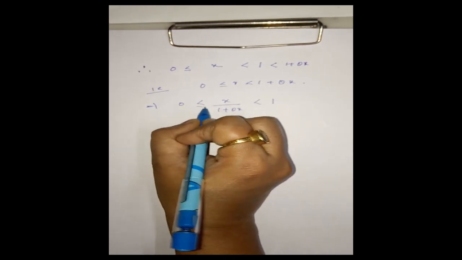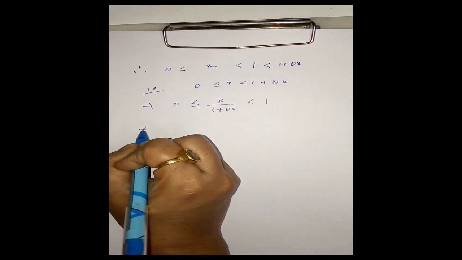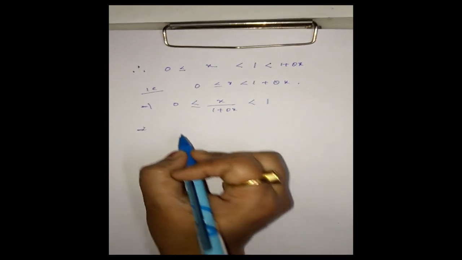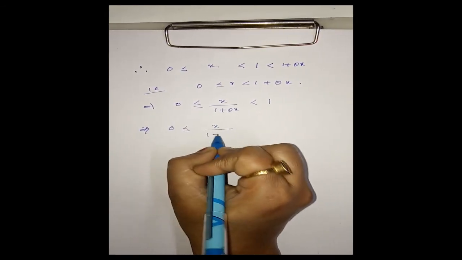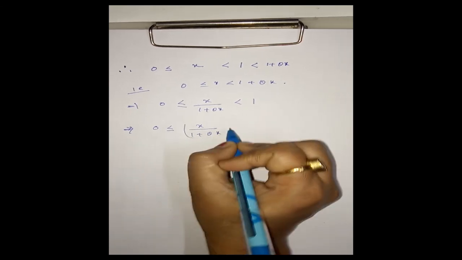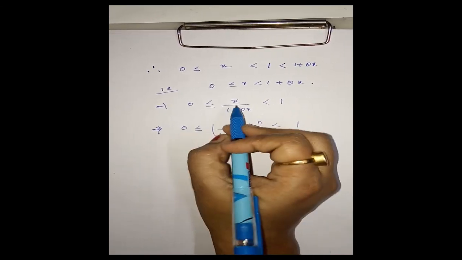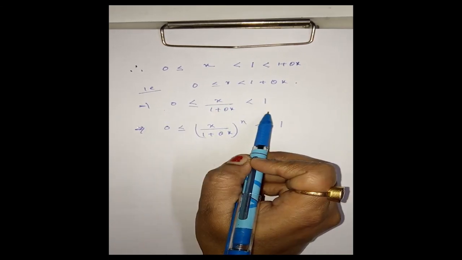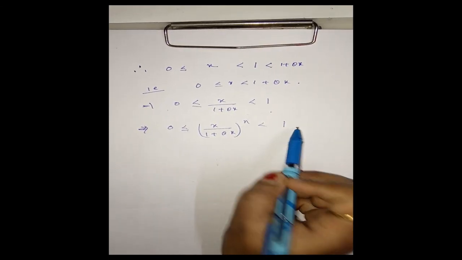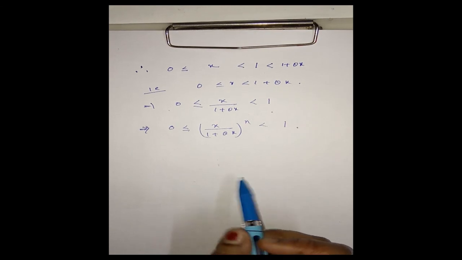Okay, now dividing by 1 plus theta x, this will imply 0 less than x by 1 plus theta x less than 1. Okay, clear? Since this number lies between 0 and 1, its power will also lie between 0 and 1 only.